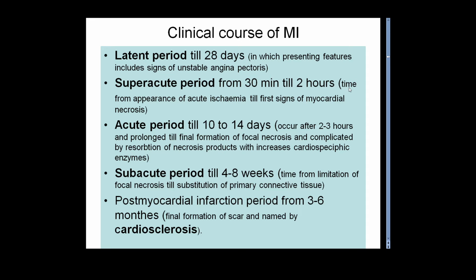The clinical course of acute MI consists of several periods. In 50% of all patients a latent period occurs, lasting up to 28 days. The latent period is characterized by new onset angina or progressing angina, and maybe weakness and fatigue. The next period is the superacute period, lasting from 30 minutes to 2 hours.